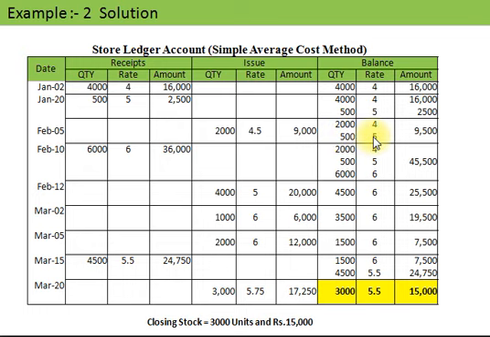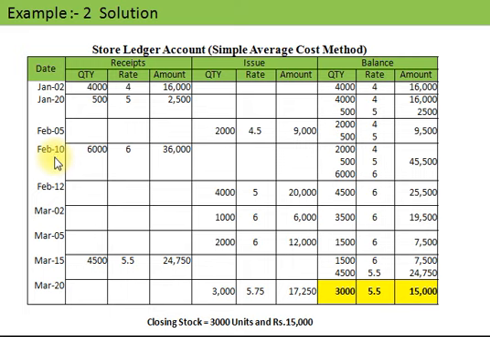My dear students, now don't record the amount individually. Amount will come 9500. How? 18,500 minus 9,000 issue amount. So balance 9,500.